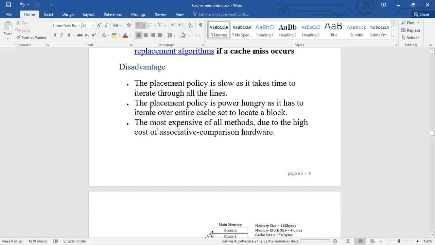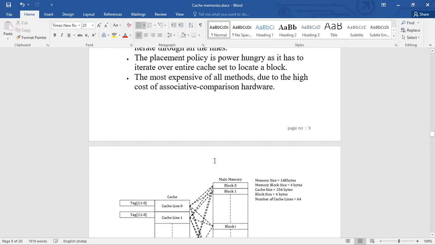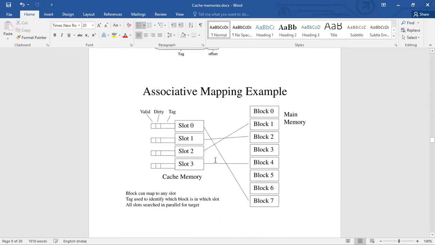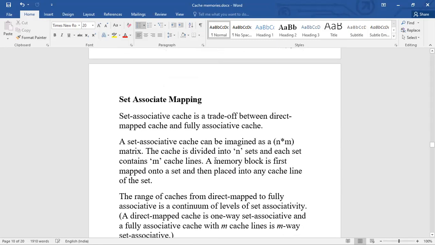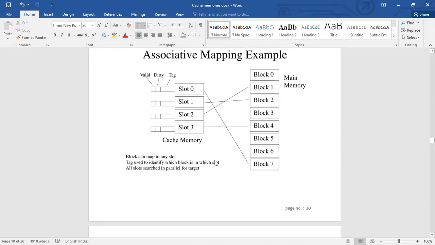The second disadvantage is that the placement policy is power hungry, as it has to iterate over the entire cache set to locate a block. And the third disadvantage is that it is the most expensive of all methods, due to the high cost of associative comparison hardware. These are the main disadvantages of fully associative mapping.